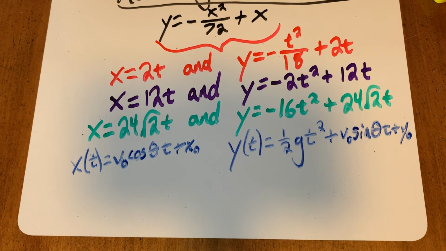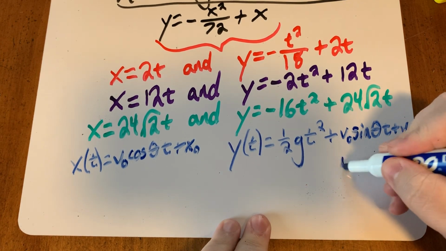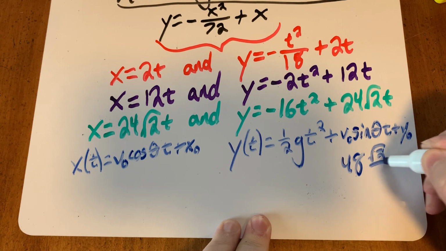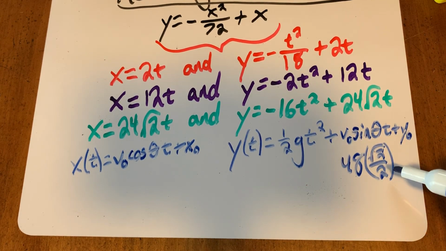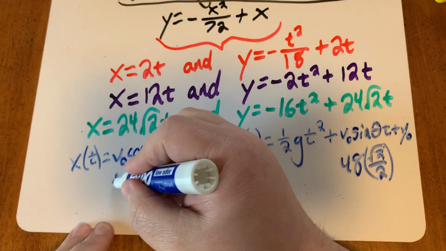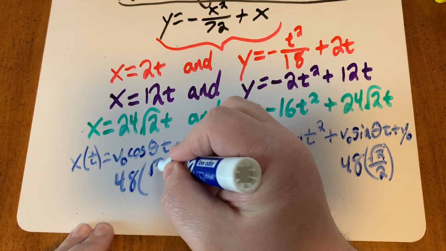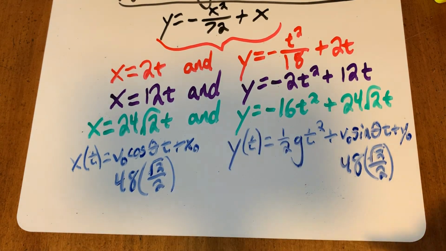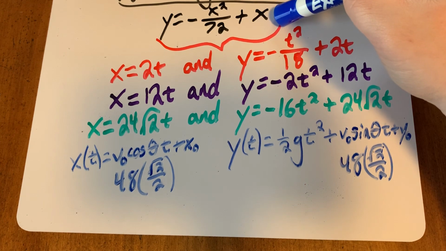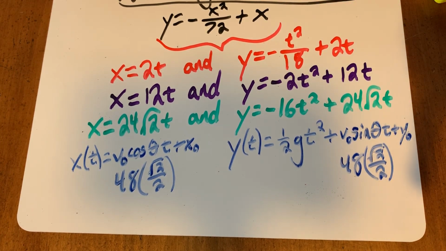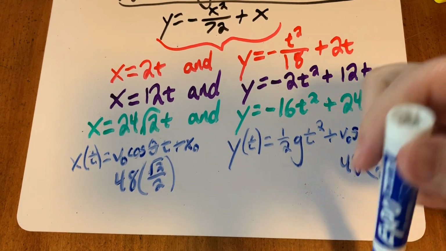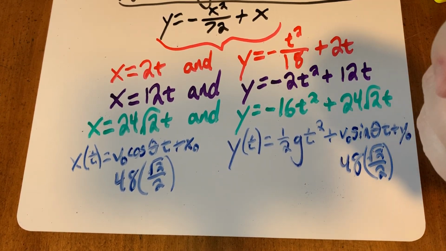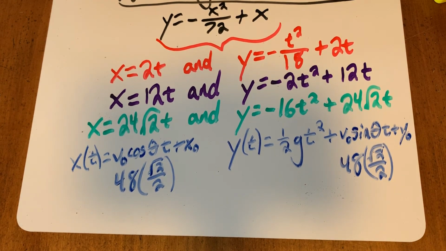And that's 48 times root 2 over 2. Sine of 45 degrees is root 2 over 2. And this is 48 times root 2 over 2. So this equation can be broken down into two parametric equations that show that it's really the path of an object thrown at 48 feet per second at an angle of 45 degrees.